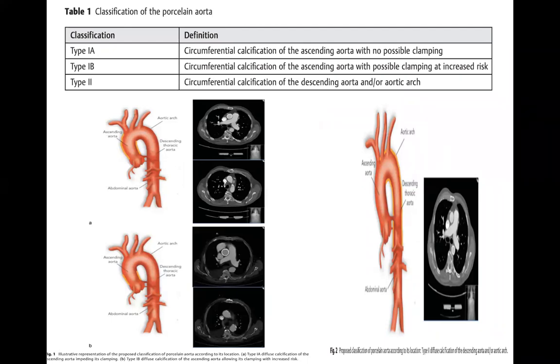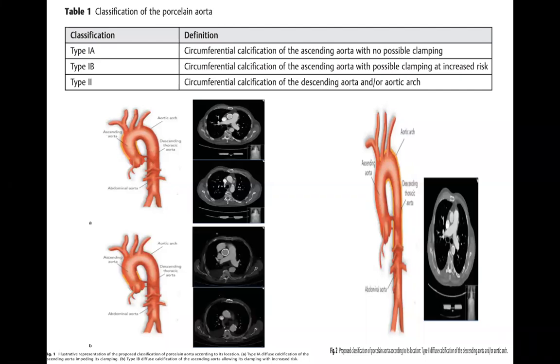Type 1A is circumferential calcification of the ascending aorta with no possible clamping. This classification is more practical because either you can cross clamp, or you cannot cross clamp or find a place for arterial cannulation, cross clamping, all that.